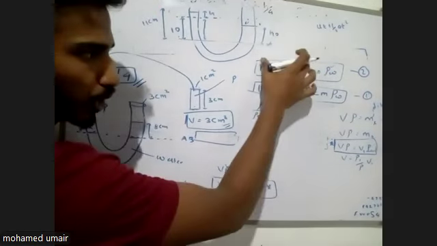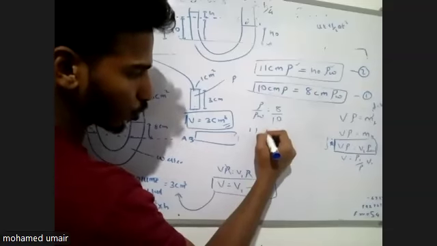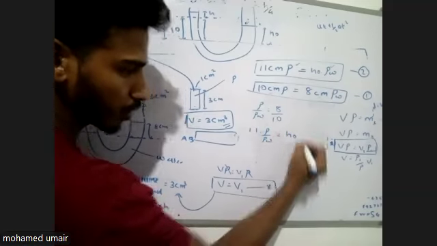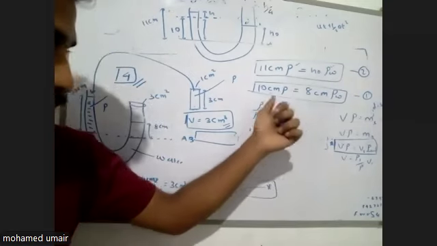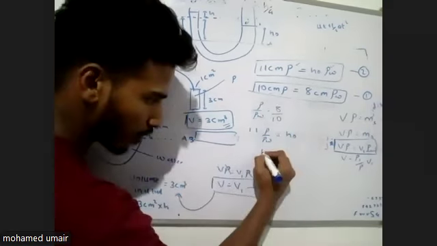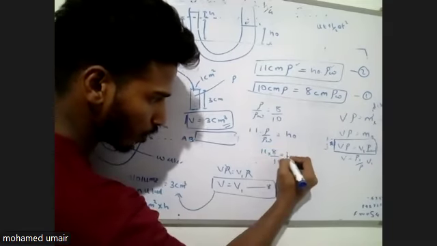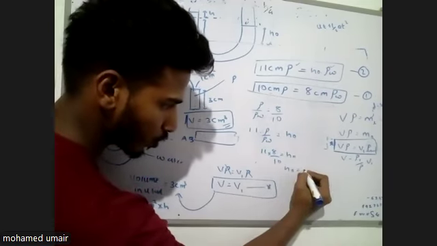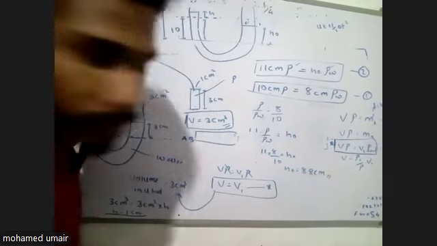And when I substitute onto here, 11 times rho over rho W is equal to h naught. Instead of rho over rho W, I will substitute this. So 11 into 8 over 10 is equal to h naught. So my h naught will be equal to 8.8 centimeters. Okay. Are you clear with this?